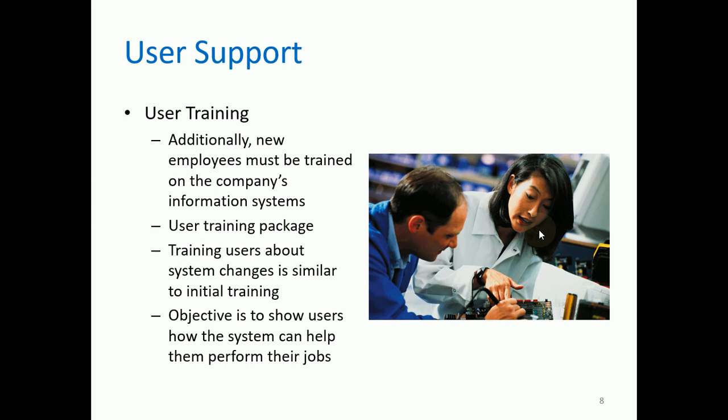So you have to assume that they don't know anything and they need training. We have different user training packages. Training users about system changes is similar to initial training. If you already upgraded your information system, of course you also have to train them on the new features. The objective is to show users how the system can help them perform their jobs.